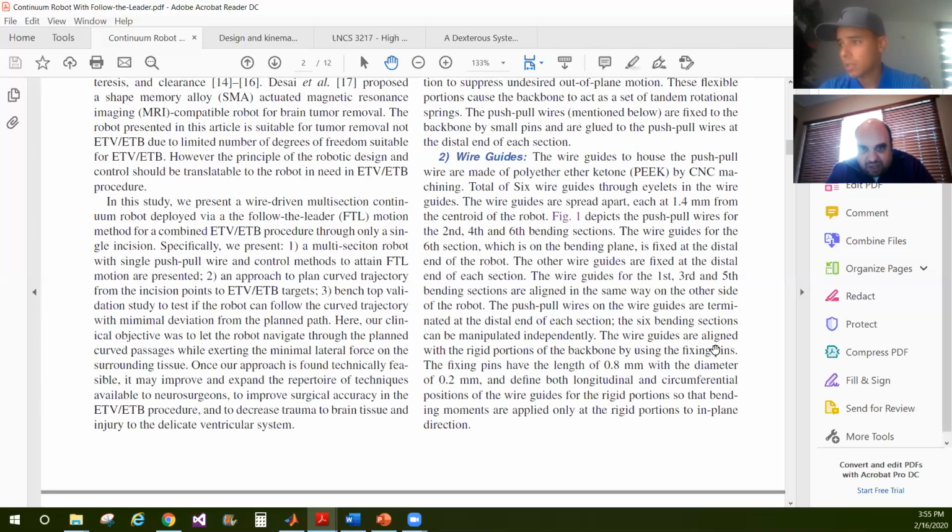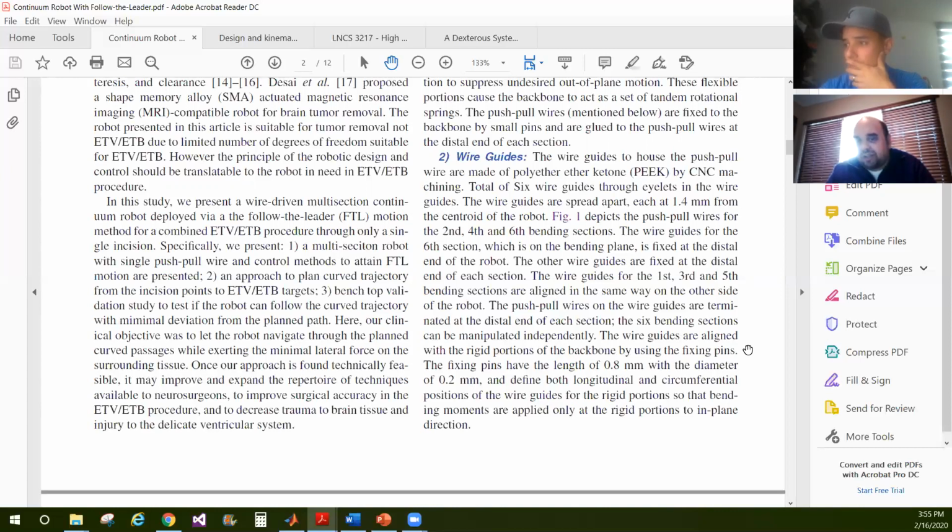The wire guides are aligned with the rigid portions. So the wire guides are aligned with the rigid portions of the backbone by using the fixing pins. So it's an alignment.